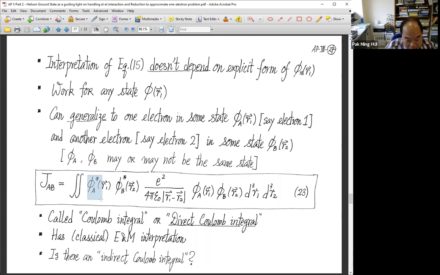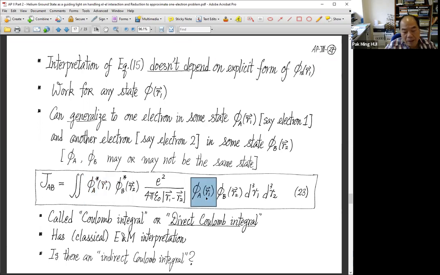On the left-hand side, it's in A state. On the right-hand side, it's also in A state. So you can combine this one and that one and form the magnitude square, where the Born interpretation comes in. And using that, you have the classical E&M interpretation. Okay? That is why the direct Coulomb term has a classical physics interpretation.